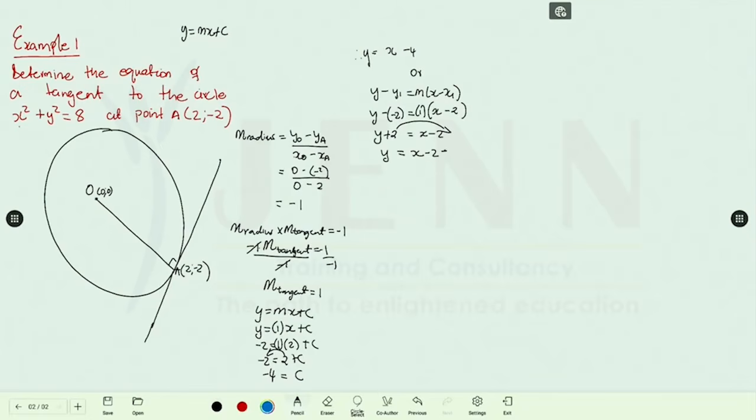When it goes to the right, it's going to be negative. Then y will equal x, negative 2 minus 2, it will give us negative 4. Then that will be your answer. Our answers are the same. So everything is well. So that is the procedure in finding what? In finding the equation of the tangent.